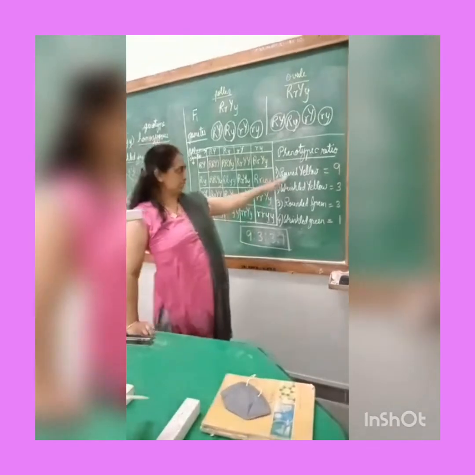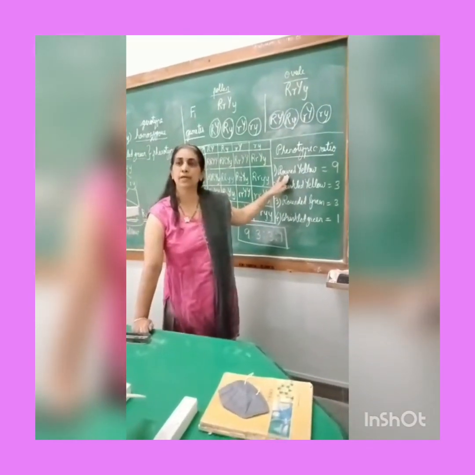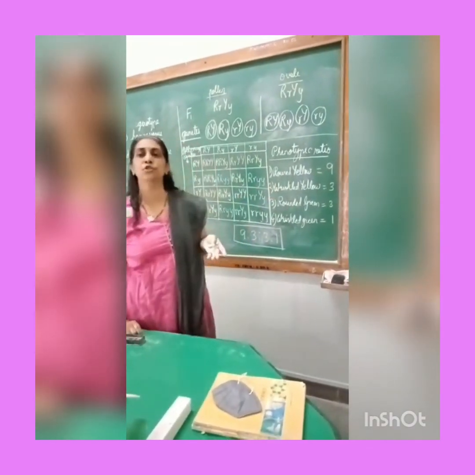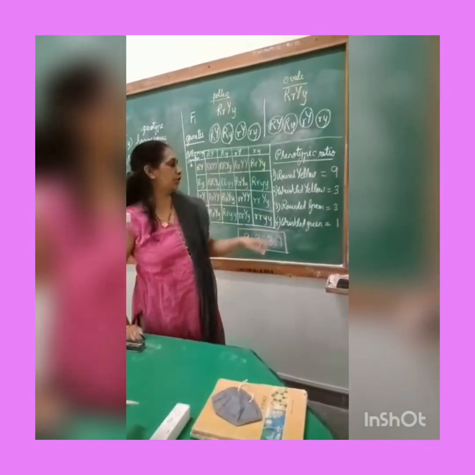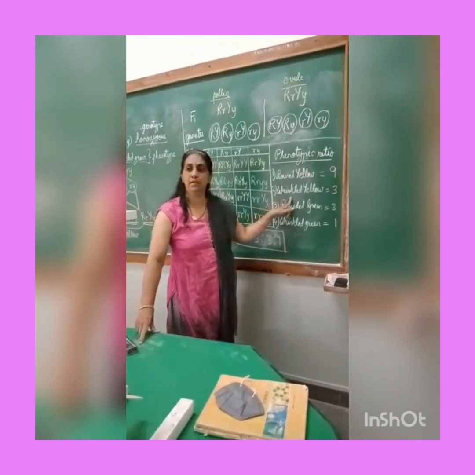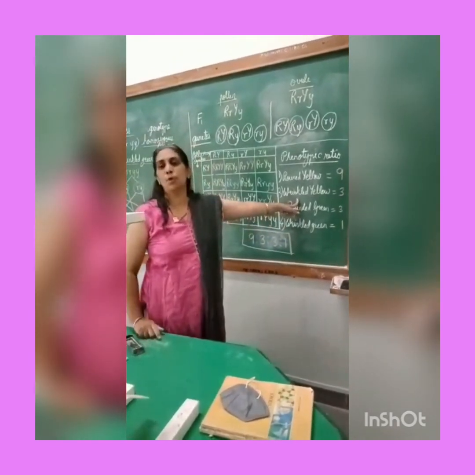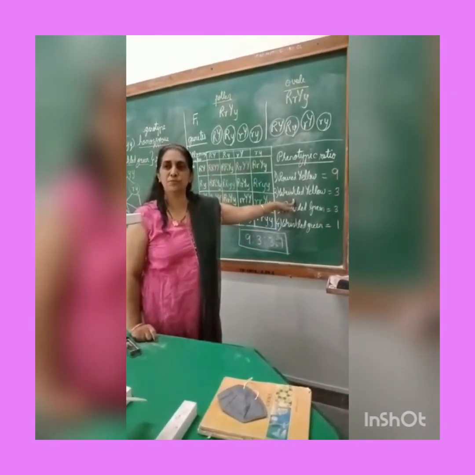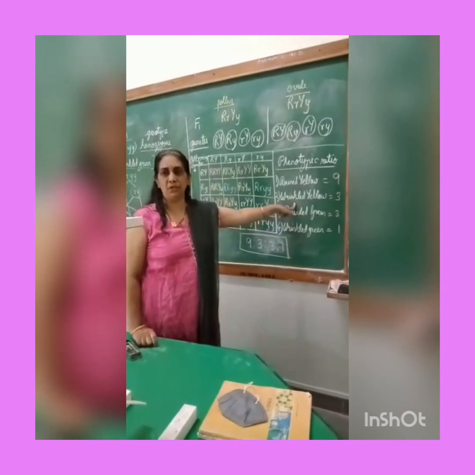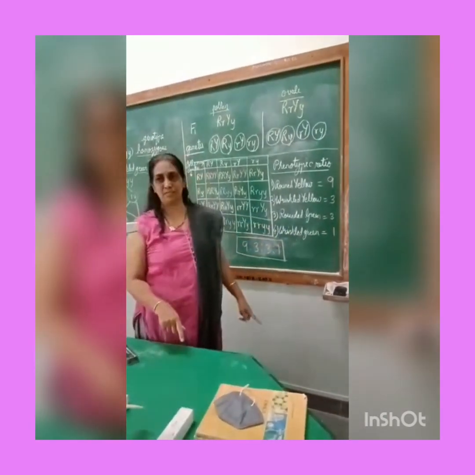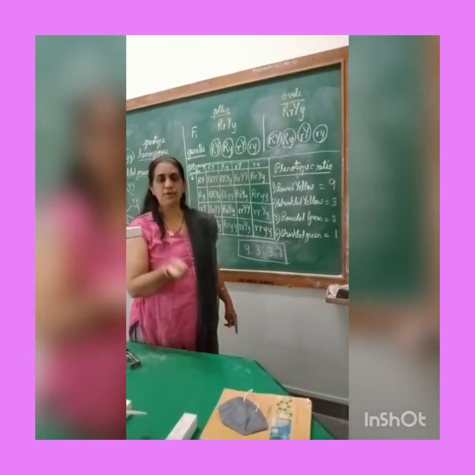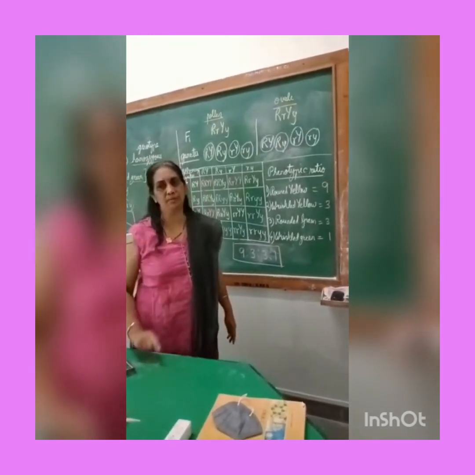For getting the dominant phenotype, you should have at least one dominant allele. But for getting the recessive phenotype, that is when we are looking for wrinkled, both the r should be small. Then only it will become wrinkled. If we are looking for green, we should have both small y. If at least one capital Y is there, then it will become yellow.